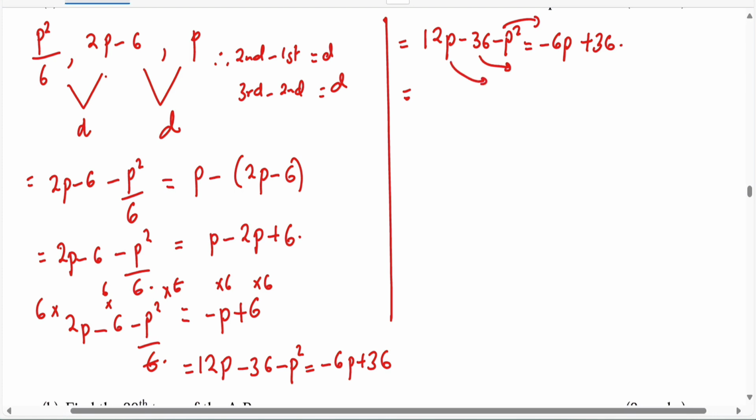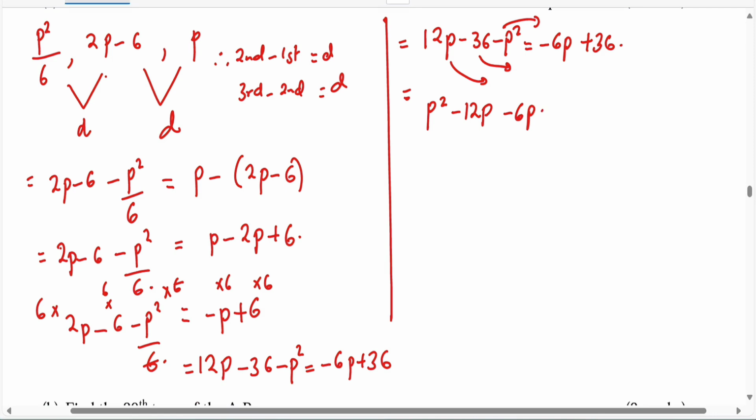So ukipeleka the other side, utaanza na positive p squared, 12p inakuwa negative 12p, negative, alafu itafuatiliwa na negative 6p ambayo iko on the right side. Haujapeleka kote, that is why the sign hasn't changed.